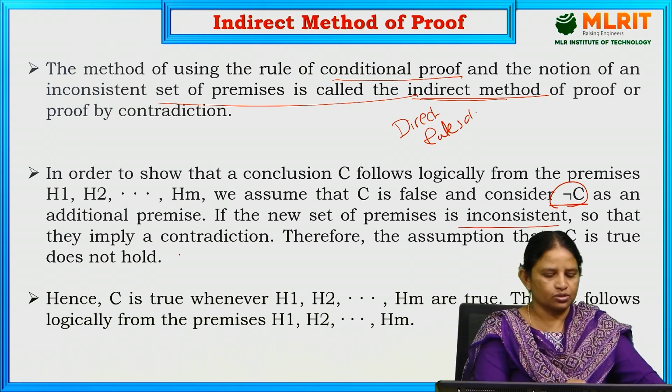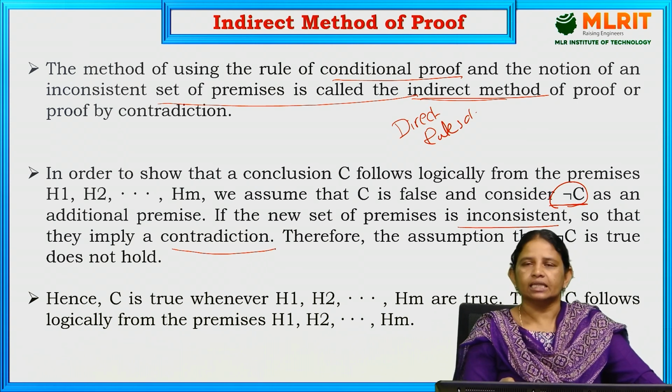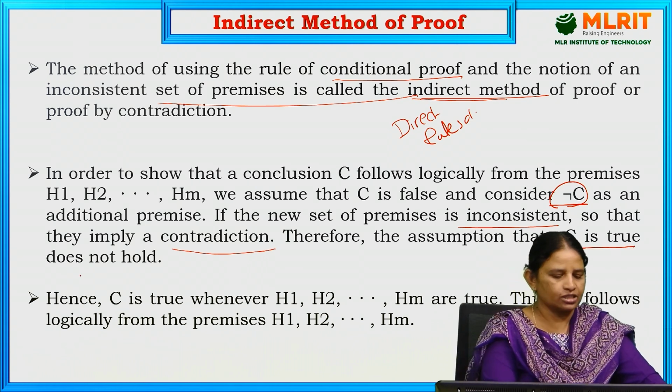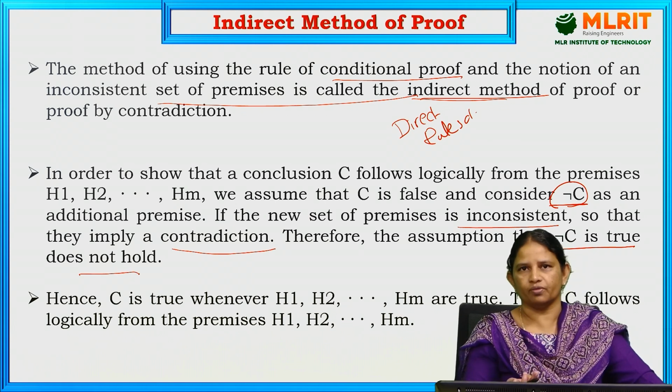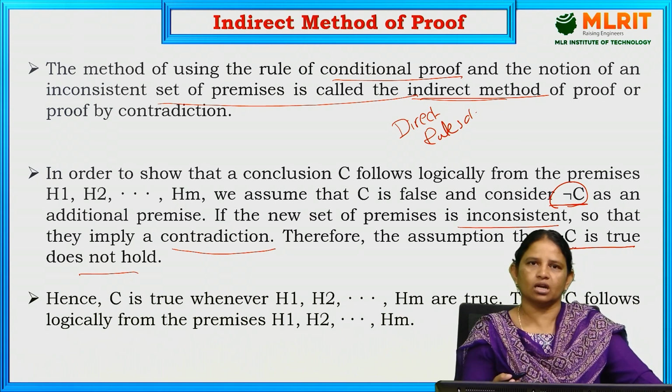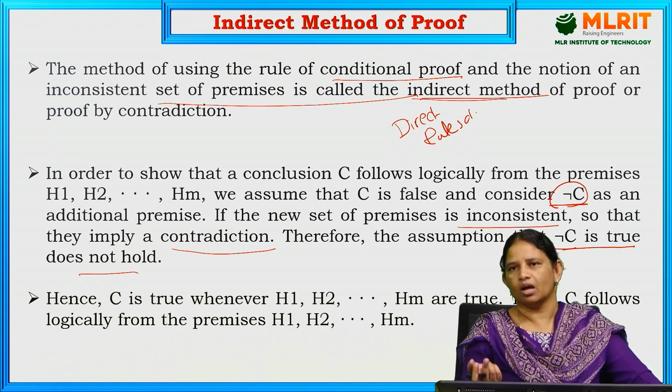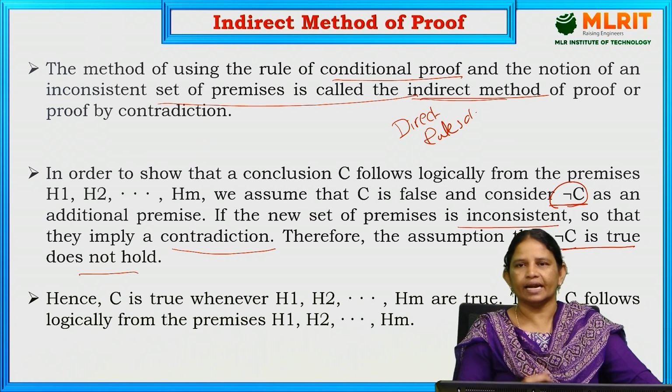Then we can show that it is a contradiction. The initial assumption, negation C as true, does not hold. C is the conclusion; the negation of C means the conclusion cannot be derived. Then we can say that it is the indirect method of proof.